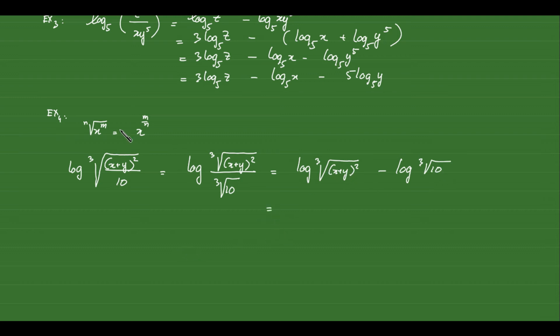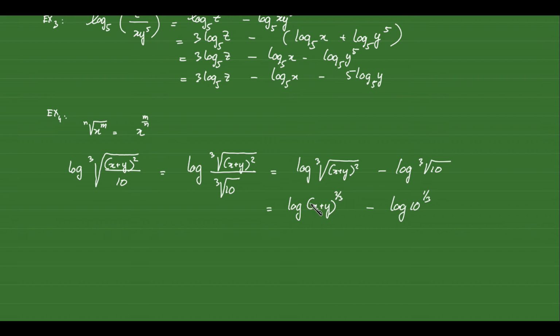Then now we're going to apply the formula. So this gives you log base 10 of (x plus y) to the 2 over 3, since m over n is 2 over 3. And over here I have 10 to the 1 over 3, because there's an invisible number 1 here.